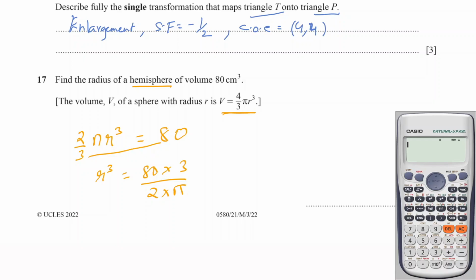So let's find out the value of r. If I take out this cube here, it should be the cube root of that, right? So cube root of 80 times 3 divided by 2 pi. We can use our calculator now. So let's use our calculator to solve this question.